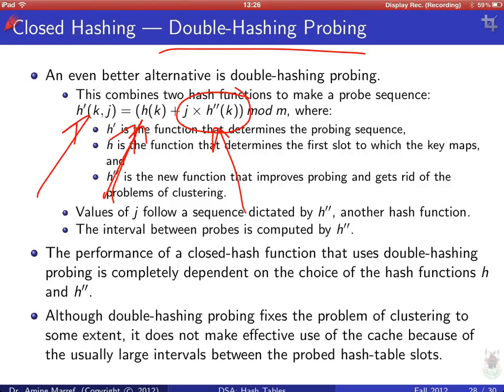So rehashing means building a new hash table and copying the elements over. So this is the old hash table, and this is the bigger new hash table. This hash table is already full.